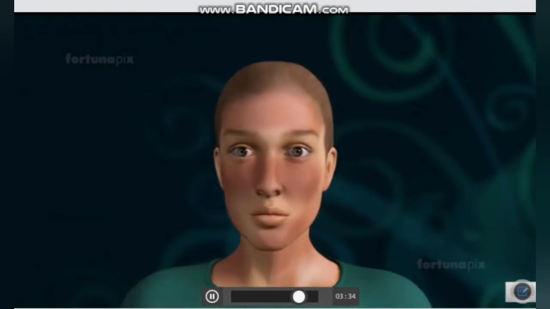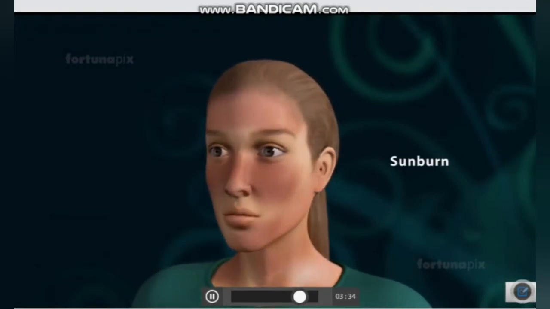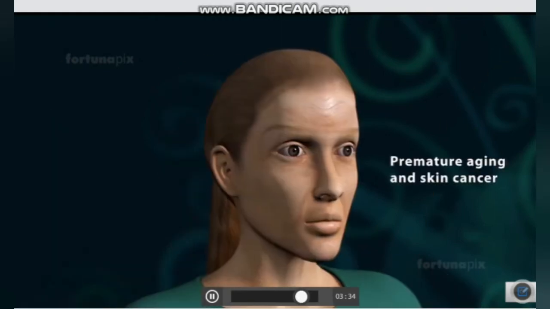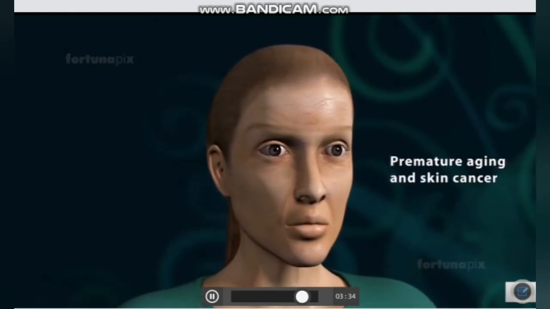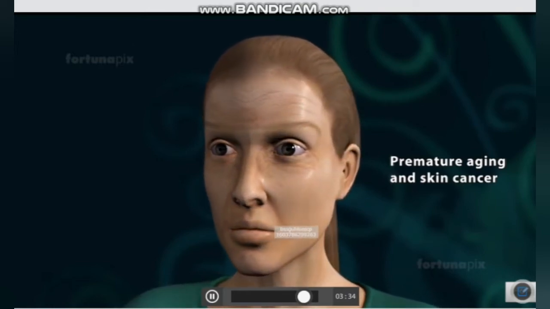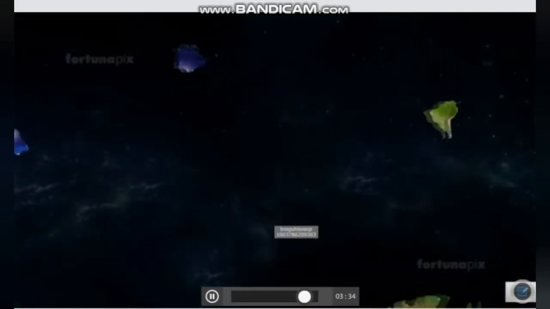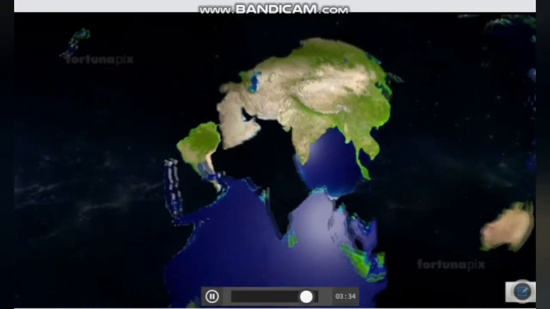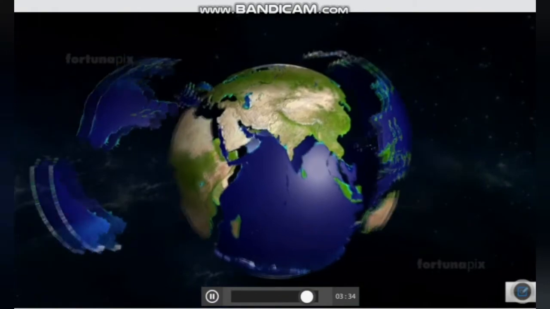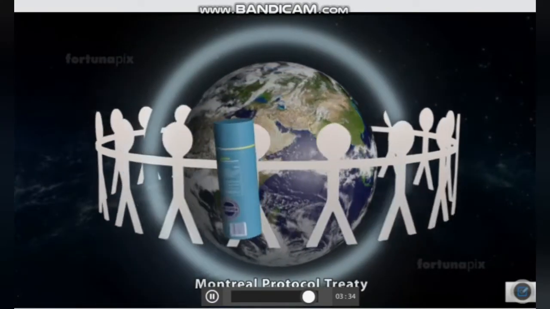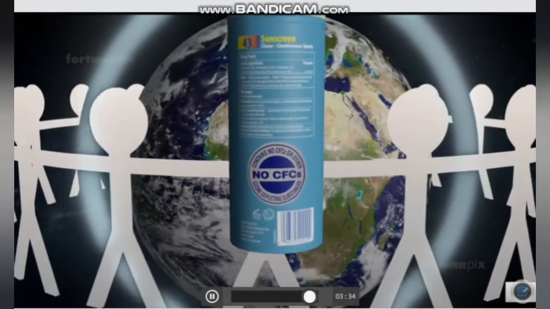Exposure to UV radiation causes sunburn, infection, premature aging of skin, and other harmful diseases such as skin cancer. Since the depletion of the ozone layer is a serious issue, countries all over the world have agreed to a treaty called the Montreal Protocol banning use of chlorofluorocarbons.